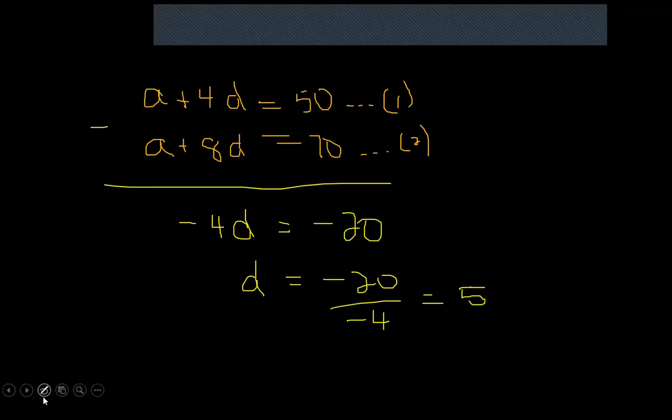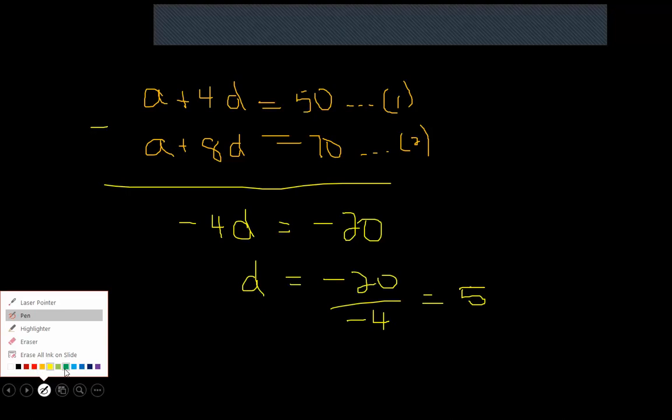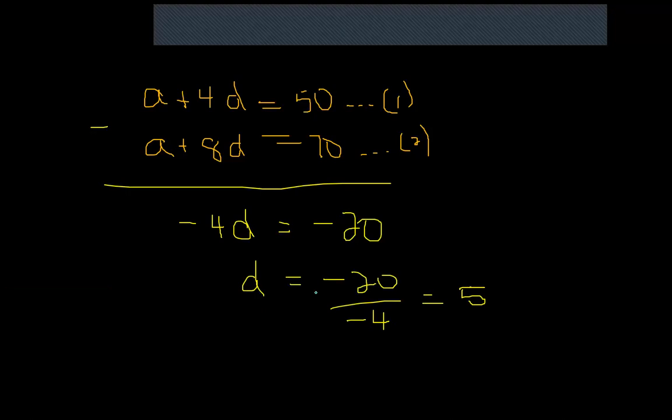Now that I have my value for D, positive 5, I can substitute it into one of my equations to find the value of A. Let me use the first equation: A plus 4 times D, which is 5, is equal to 50.